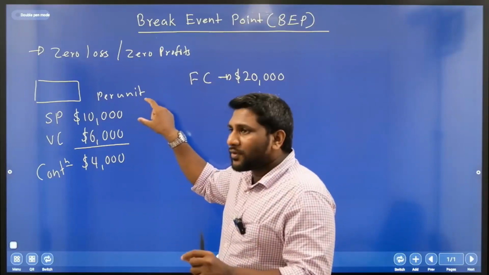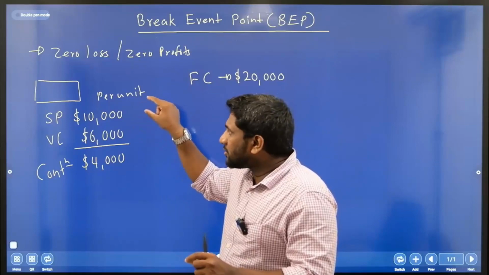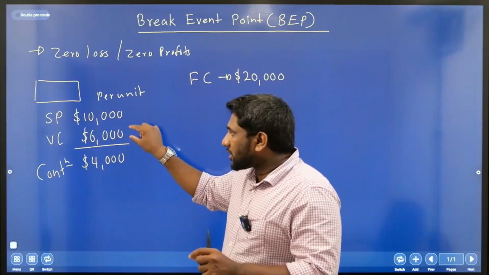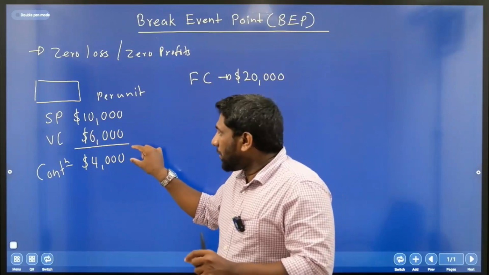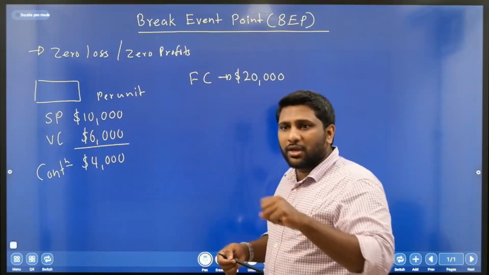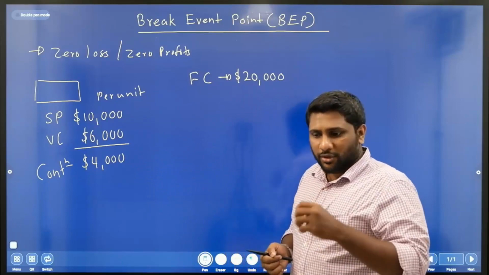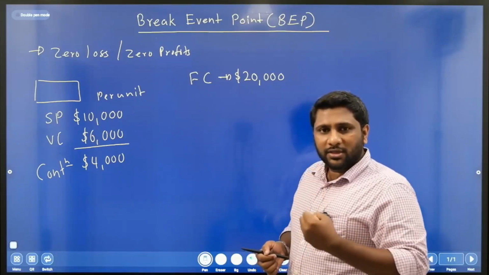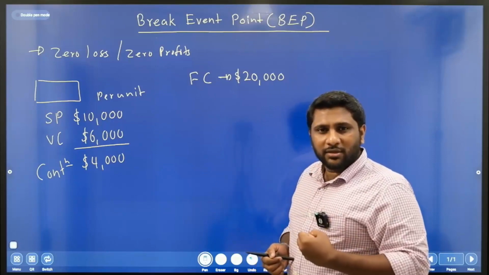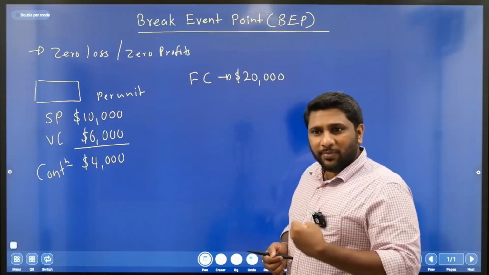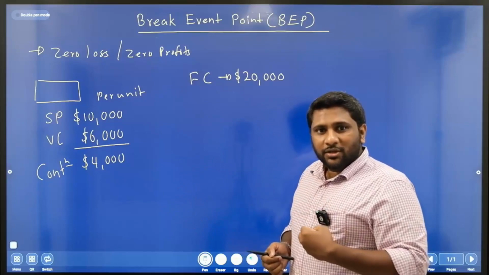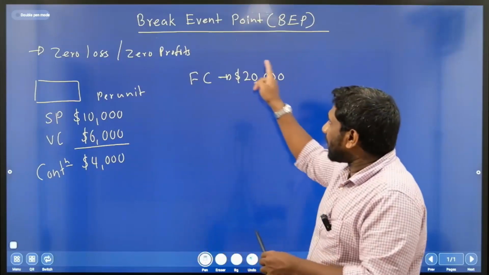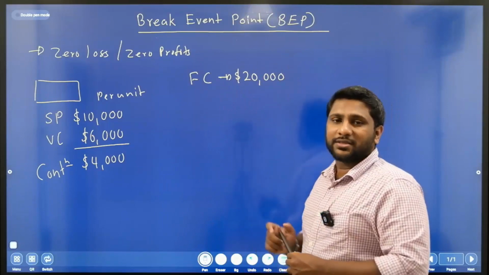From each unit you are generating 10,000, but to manufacture that unit you are spending 6,000, so your net benefit is 4,000. If you sell the first unit, 4,000, second unit, 4,000, third unit, 4,000, fourth unit, 4,000, fifth unit, 4,000. So you have to sell 5 units, first of all, to cover this fixed cost.